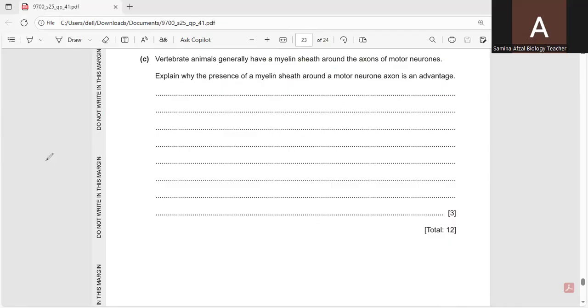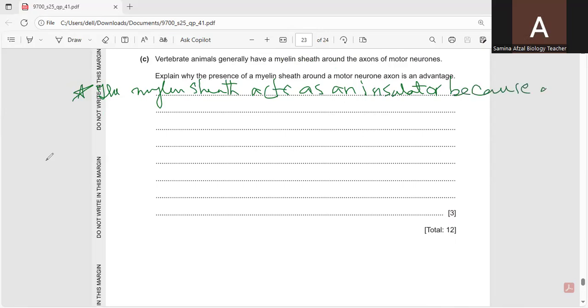First of all, I would like to say that the myelin sheath acts as an insulator because it is composed of fatty material.